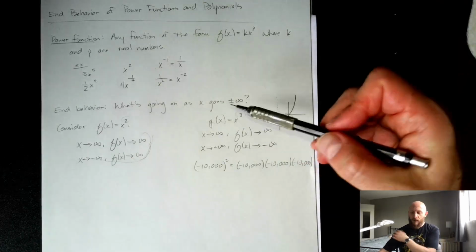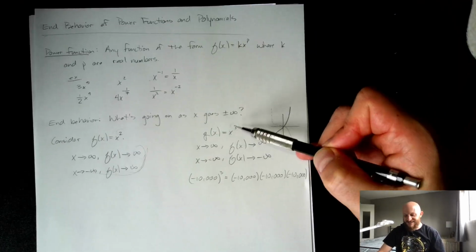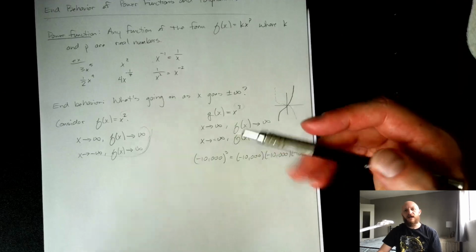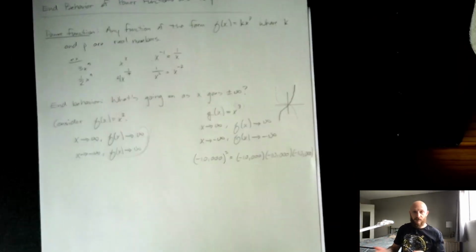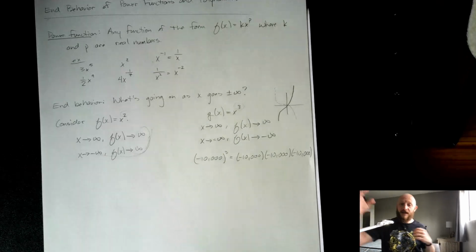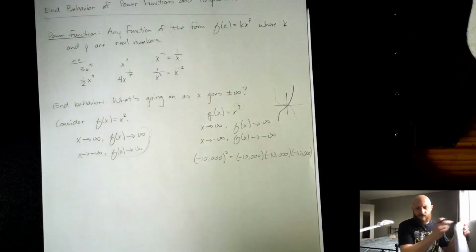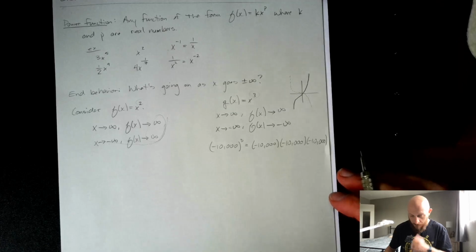So if you're looking at a power function with some sort of positive integer power, you can just look at, is it even or is it odd? And then think about, is there a negative in front of it? And then from there deduce which direction the end behavior is going to point. So that's a nice quick way of determining the end behavior of a power function.